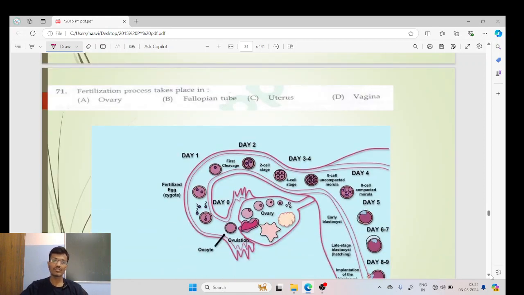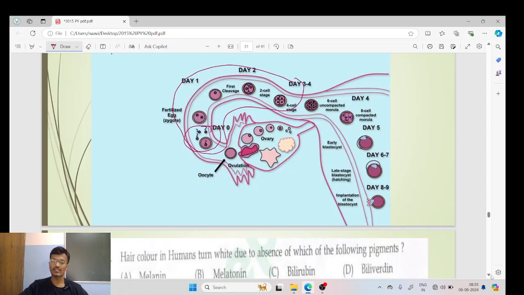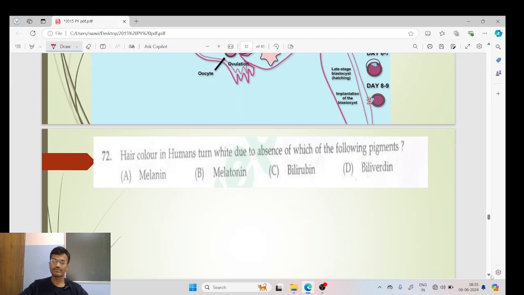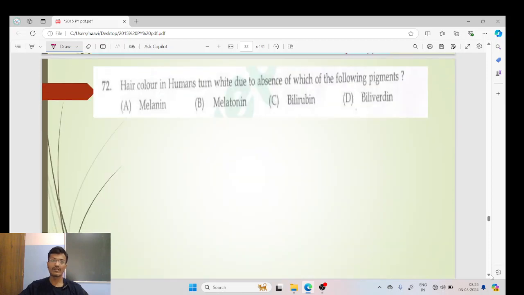The fertilization process takes place in the fallopian tube. Not the uterus, not the vagina, not the ovary. The right answer is the fallopian tube. Hair color in humans turns white due to the absence of which pigment? It is called melanin.